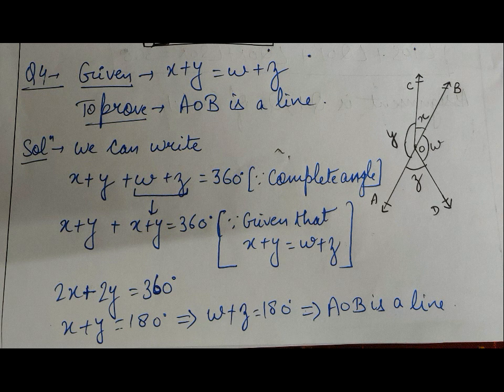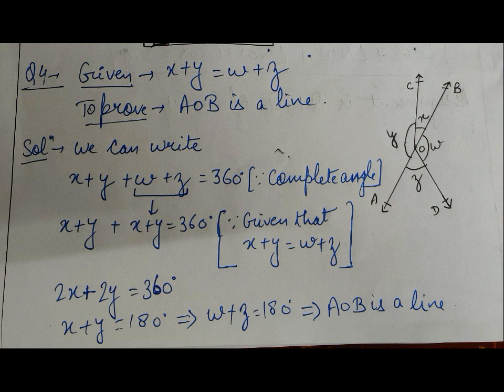Now come to question number 4. Question number 4 says that in the figure, if x plus y is equal to w plus z, then prove that AOB is a line. Now given is x plus y is equal to w plus z, and we have to prove that AOB is a line.